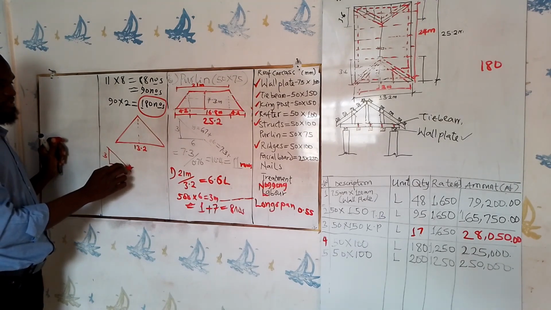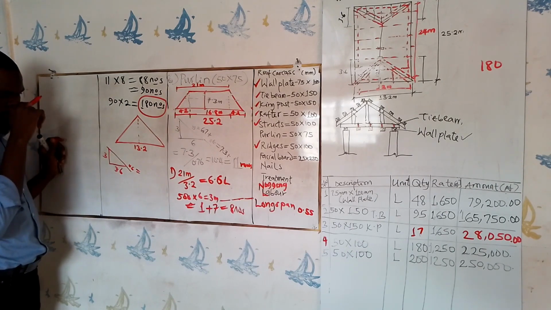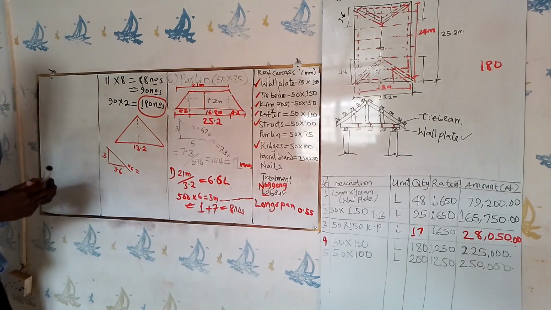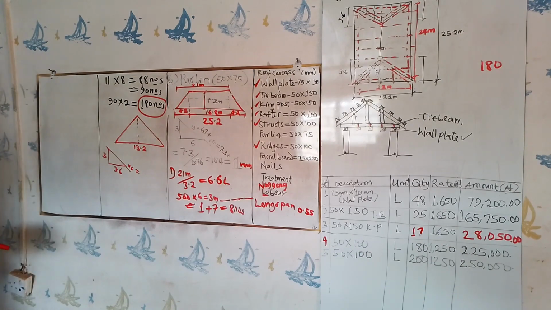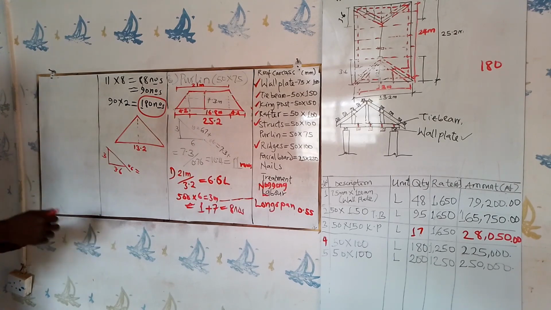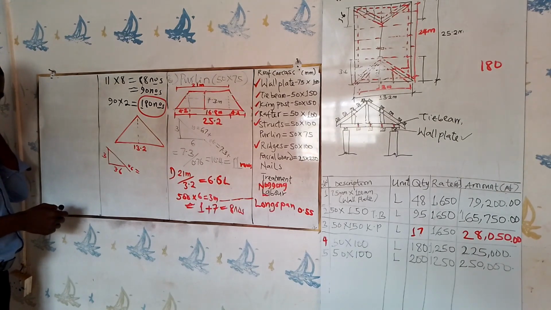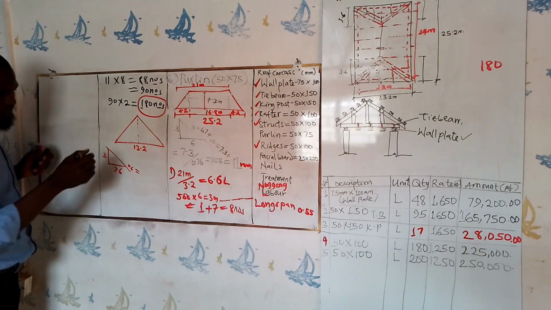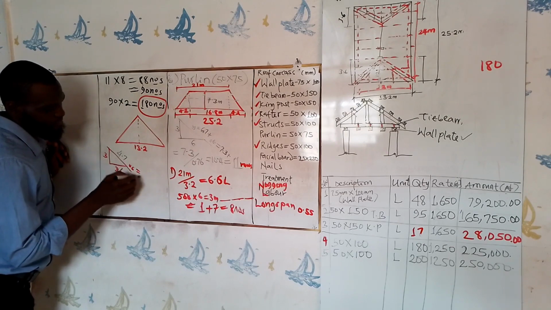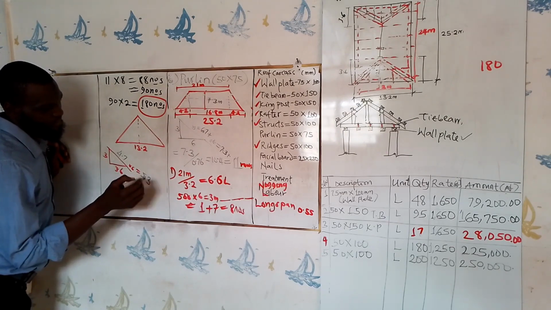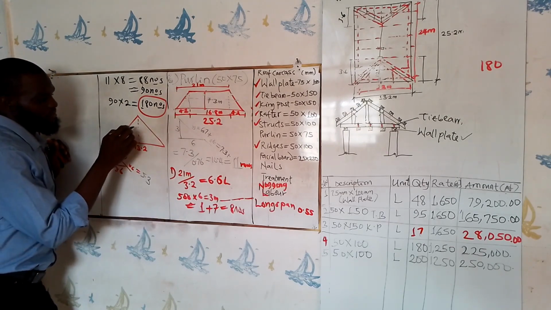We have 0.6. That's 4.7. 4.7 plus it at 5.3. So it means here will be 5.3.